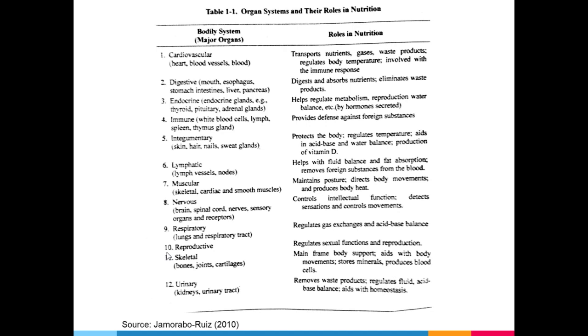So, we can say that each of these organ systems is intricately related with nutrition. Those are just a few examples of how anatomy and physiology meet with nutrition.